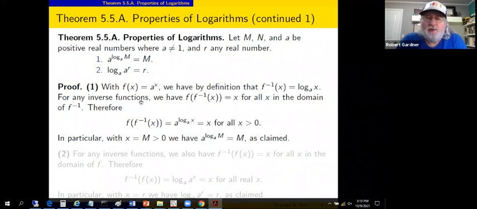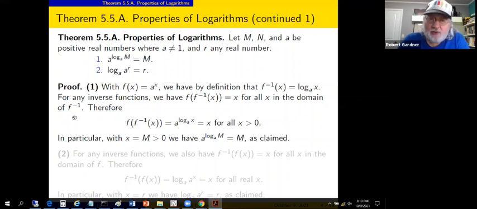For any inverse functions, we have, by the definition of inverse function, f of f inverse of x equals x. Whatever f inverse does, f undoes, and simply spits out the value x. Whatever goes into the composition comes out of the composition untouched ultimately. And this holds for all x in the domain of the inner function of f inverse.